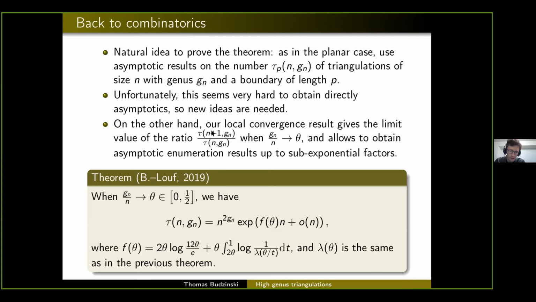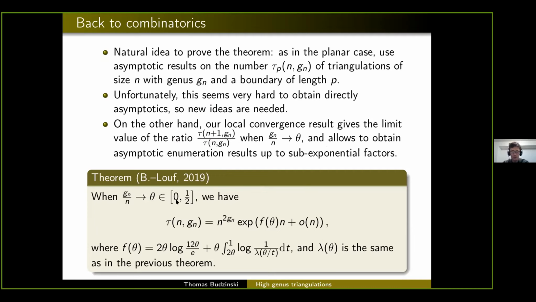More precisely, we can obtain the limit value of the ratio between tau of n+1, g and tau of n, g directly from our local convergence theorem. And then by multiplying a lot of these ratios together, we can obtain an asymptotic enumeration result for the number of maps with size n and genus g up to sub-exponential factors. These are not very accurate asymptotics, but I think it's still the best that is known.